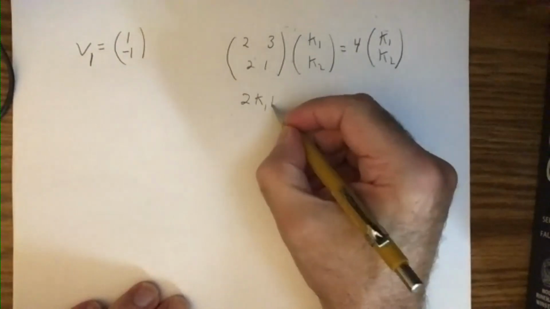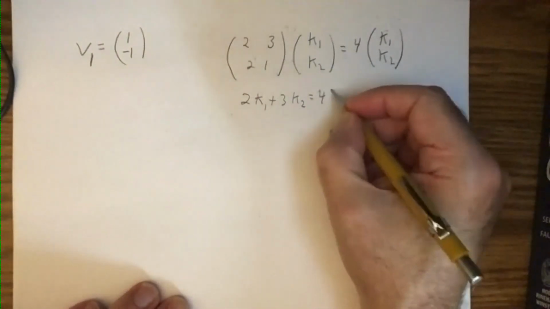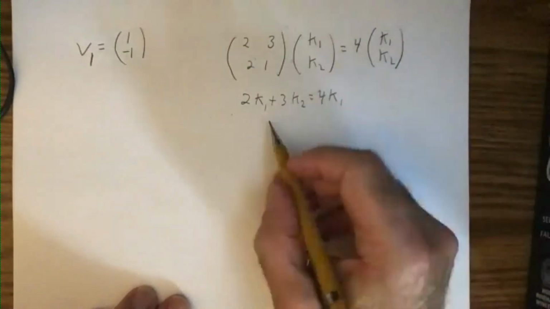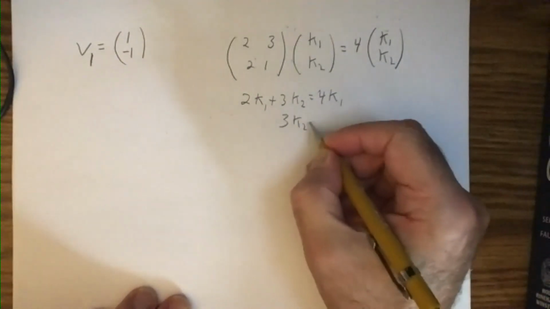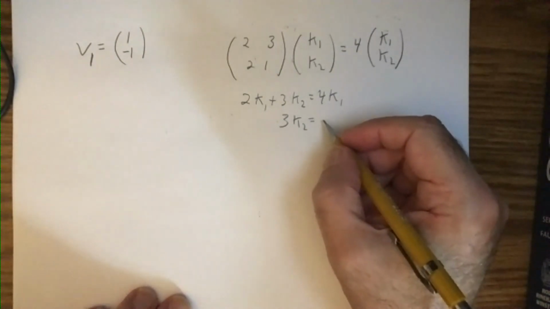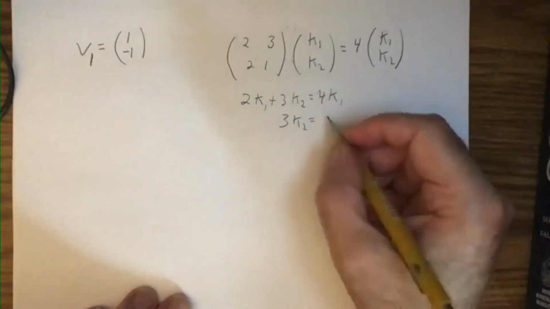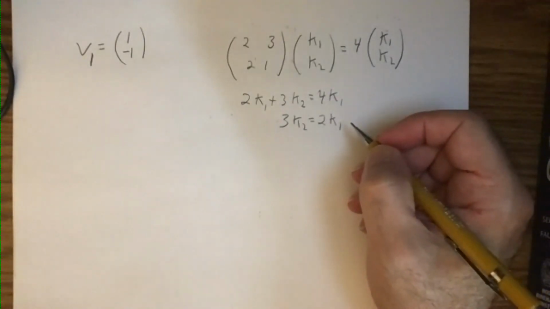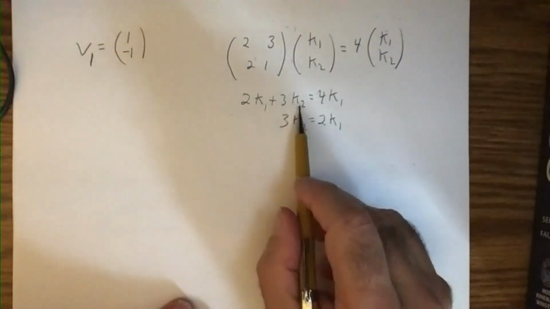2K1 plus 3K2 is equal to 4K1. So what do I get here now? I can write this as 3K2 is equal to 2K1.